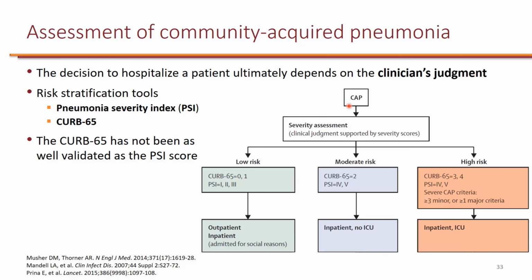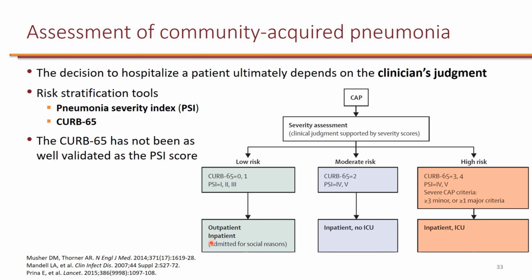So when a patient with CAP is presented, the severity of illness is assessed, and then the patients can, generally speaking, be in 3 different groups. So there could be the low risk group, moderate risk group, and high risk group. Now, low-risk group patients typically can be treated as outpatient, unless they have a contraindication to outpatient, in which case they will be admitted to the hospital.